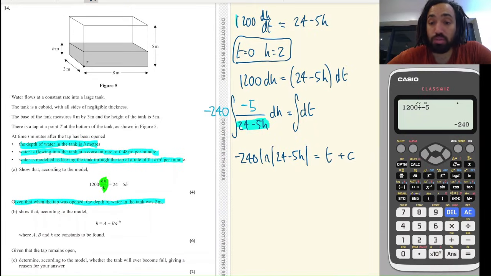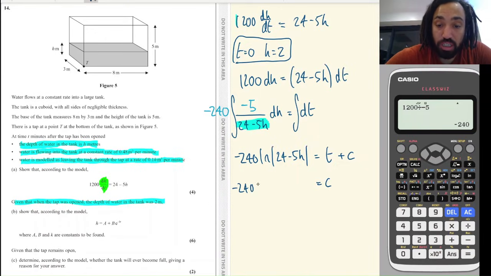So when t equals 0, the right hand side just becomes c, and h will equal 2, so I'll have minus 240 ln, and if it was just 2, then I'd have 24 minus 10, which is 14, so ln 14.